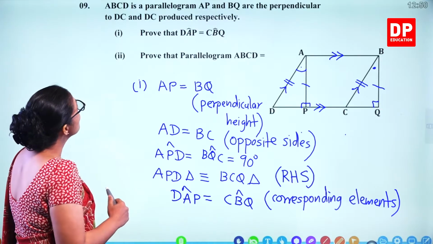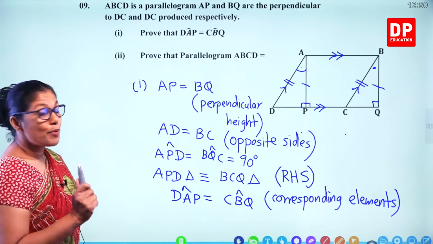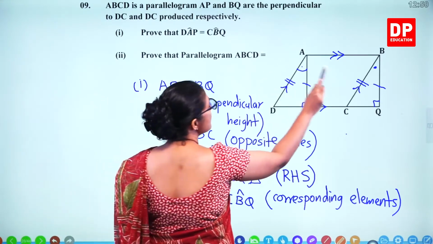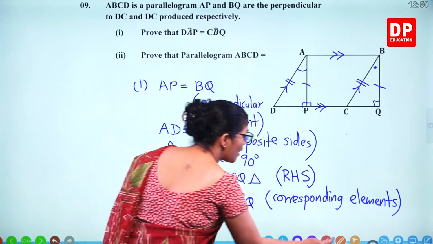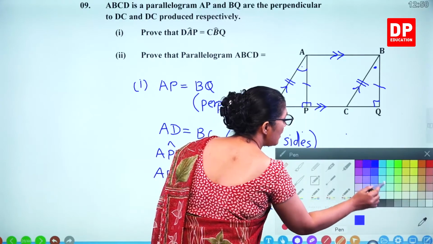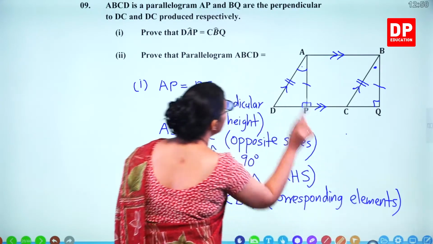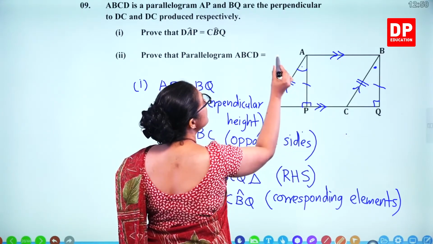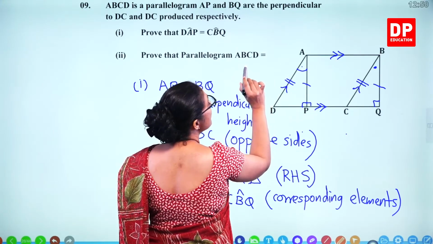So second part, prove that parallelogram ABCD is equal to, here this part should be the rectangle ABQP.